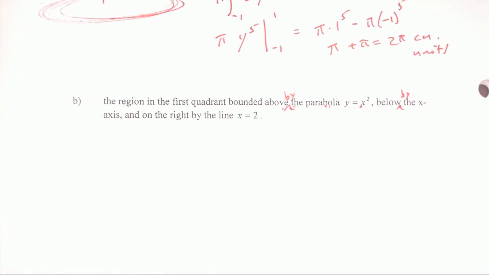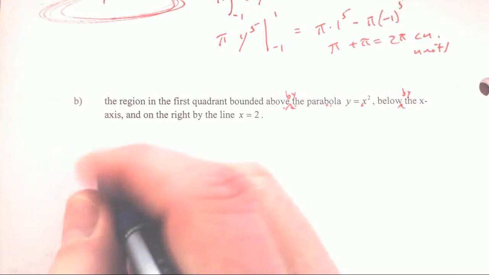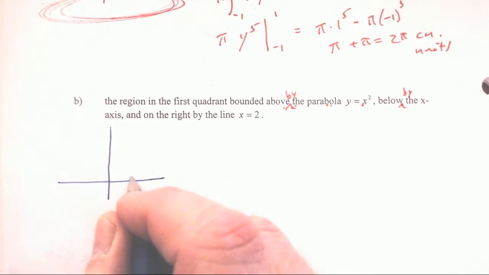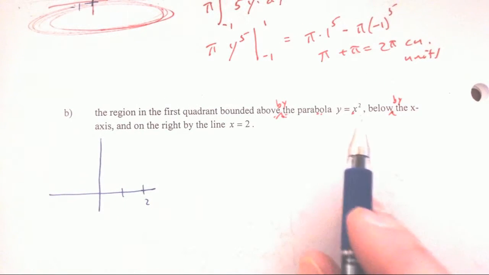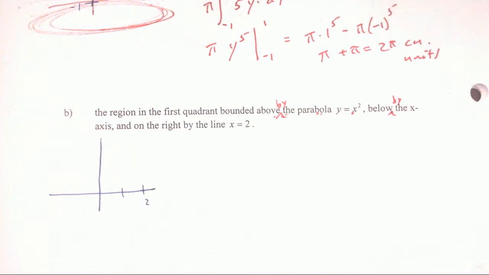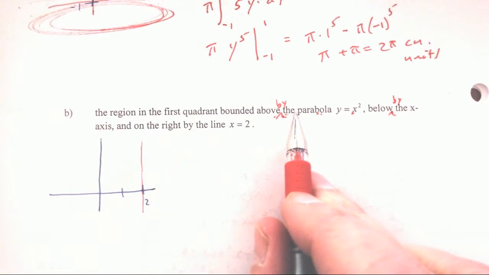So let's take a look at what we've got here. I'm going to go ahead and draw this. On the right, by x equals 2, we've got y equals x squared. So we're bound on the right here, and bound above by the parabola.